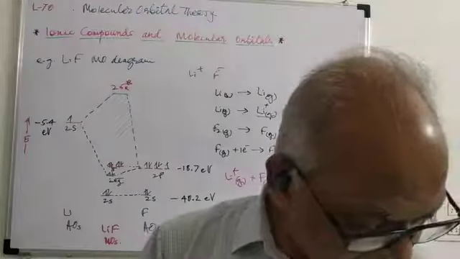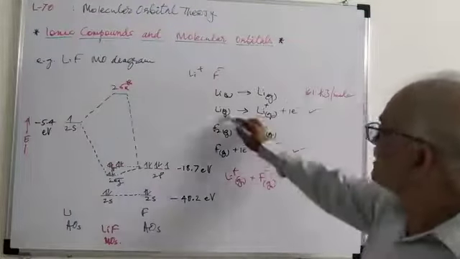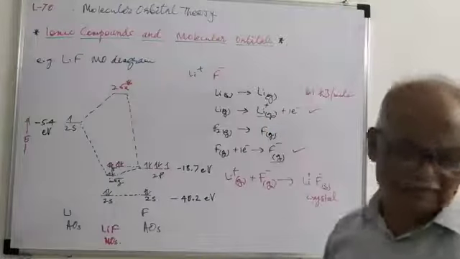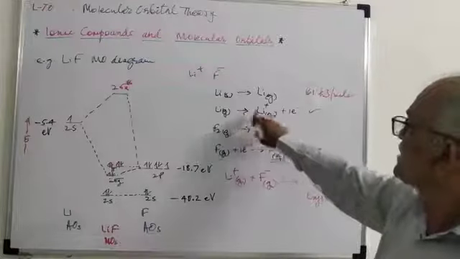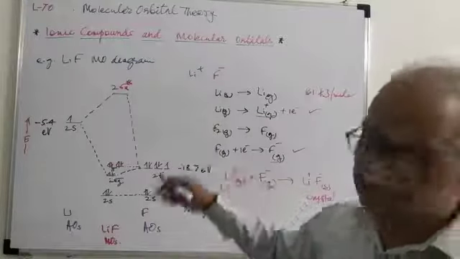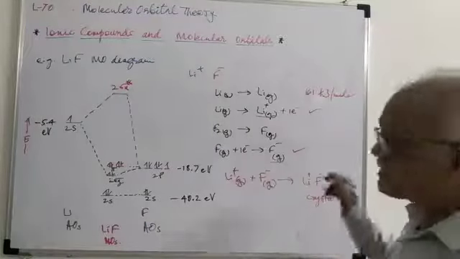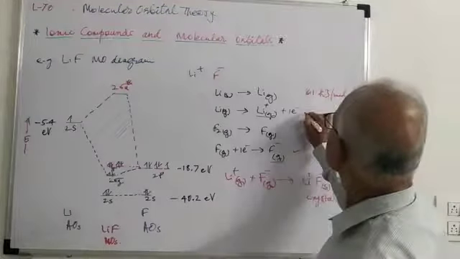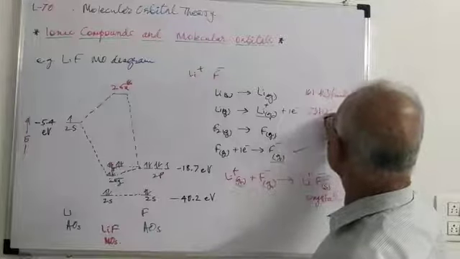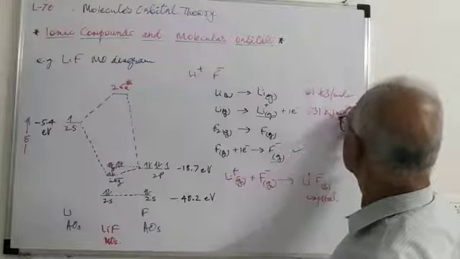Then the next step is formation of the lithium ion, that is ionization. So this step involves ionization energy, which is 531 kilojoules per mole.